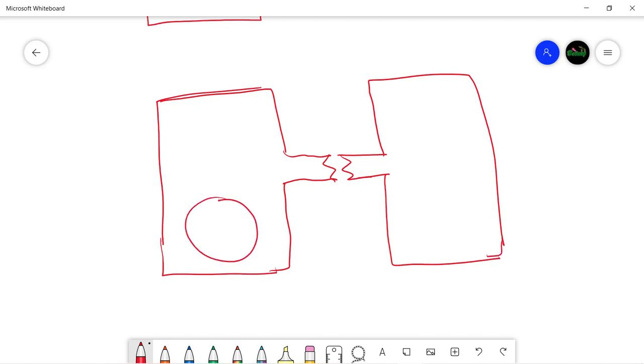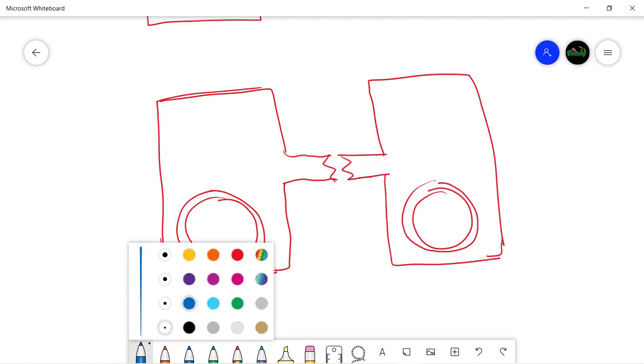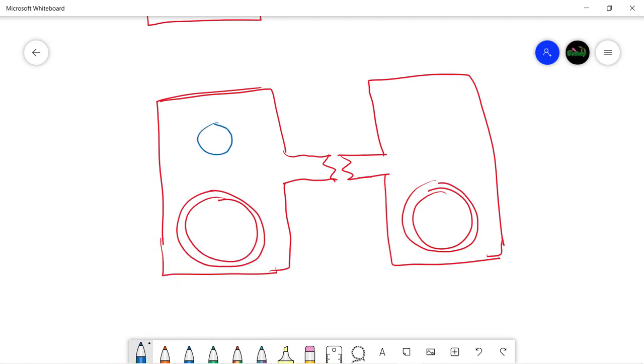The overall situation after the transfer of the F factor is somewhat like this as I am drawing it now. And this is the donor cell, the original F plus cell. Now the cell which was previously F minus has also become an F plus cell because it has received the F factor or the fertility factor.